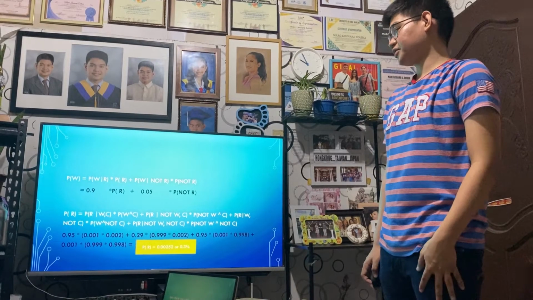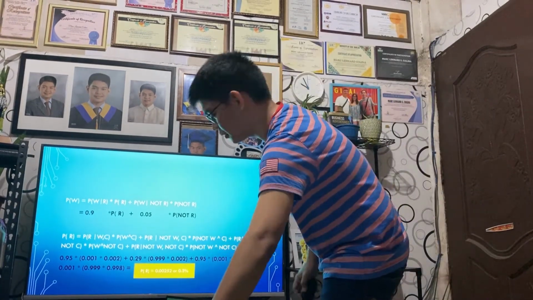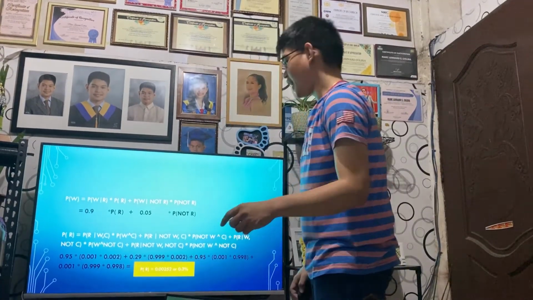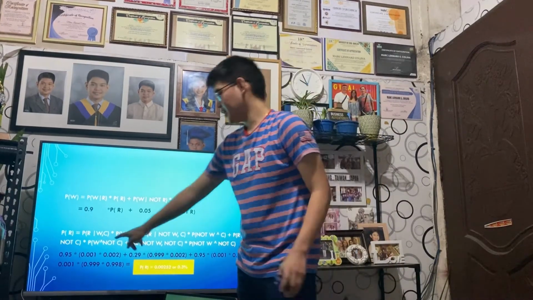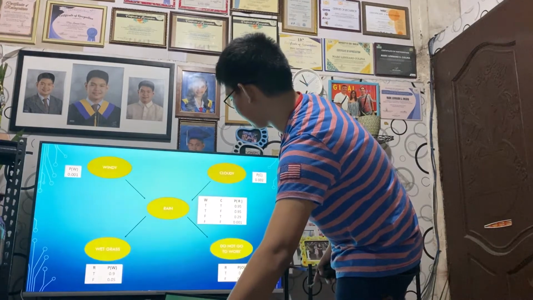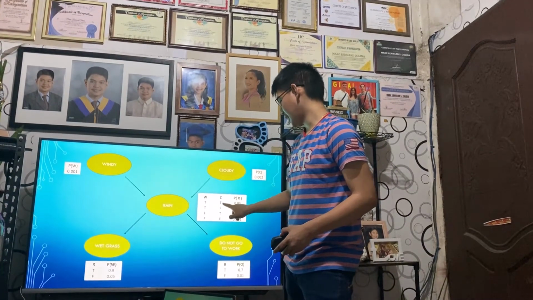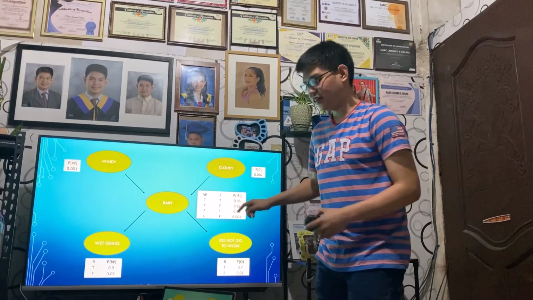So now we have to get the probability of rain. For us to do this, going back to our graph, we have to get the probability of rain given that it's windy and cloudy. If we check our graph, the probability of rain given windy true and cloudy true is 0.95.